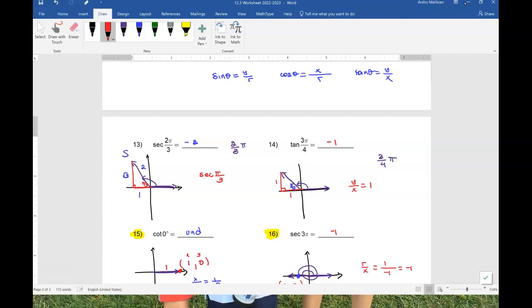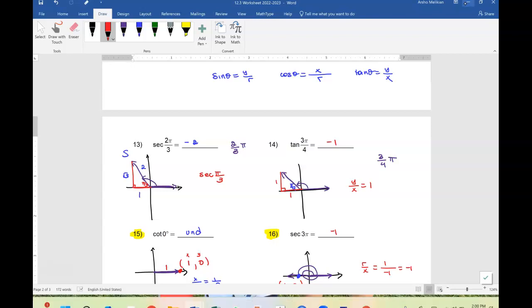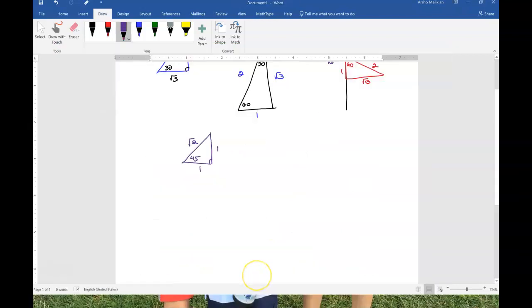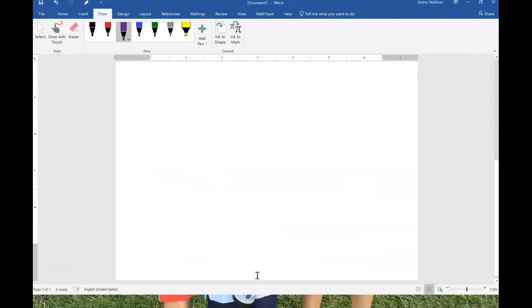Or do what I do when I'm coming up with problems for your tests or quizzes, right? So just write down sine, cosine, tangent, secant, cosecant, cotangent, and then do another set. So now you have 12 of them. And then just go and put in random angles, right?